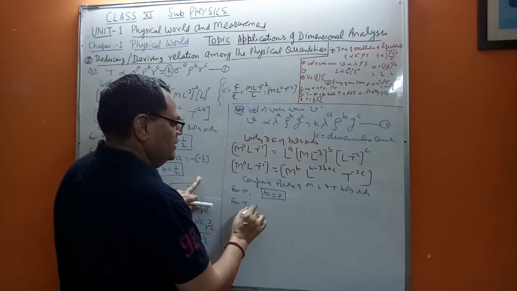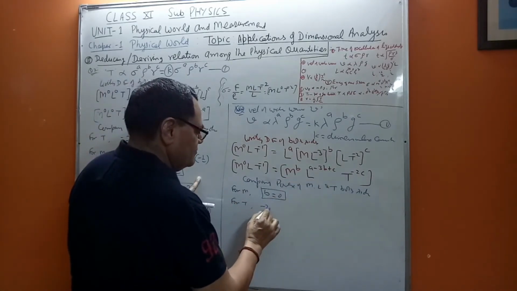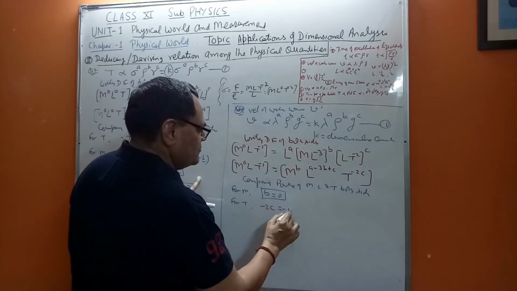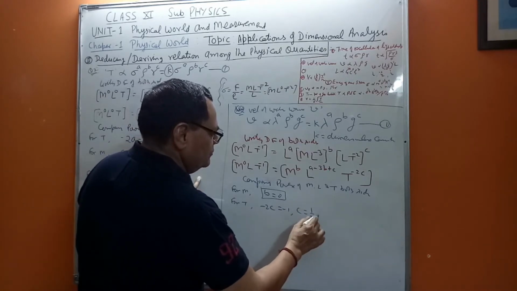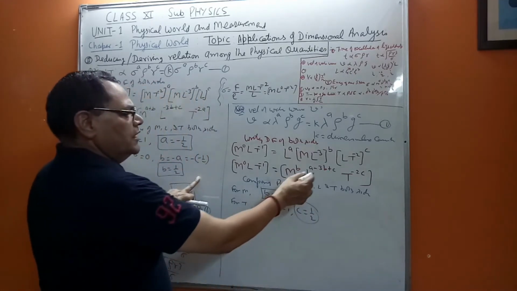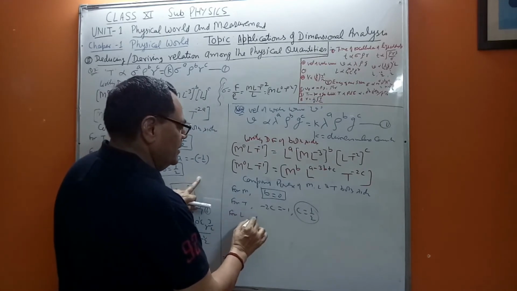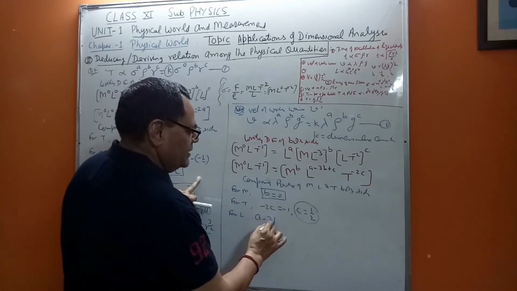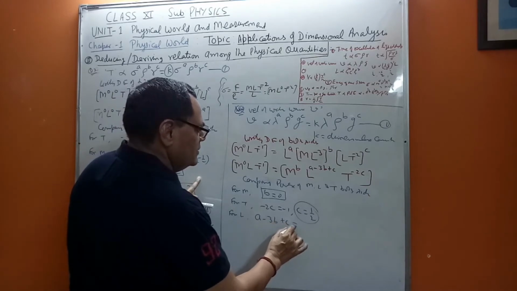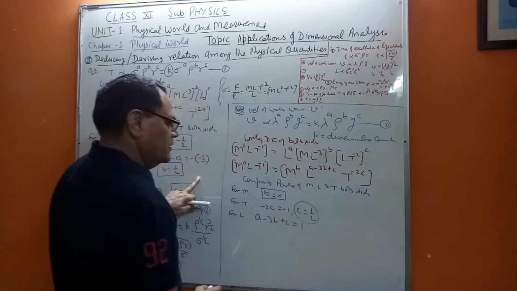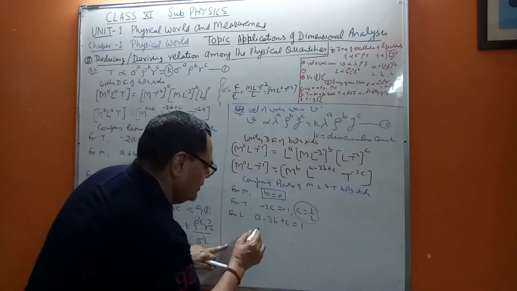So for time T, you will see here it is minus 2C, here it is minus 1, so C will be equal to half. Now that is L. When you compare for L, it is A minus 3B plus C is equal to 1. So what is left? Now A is left.